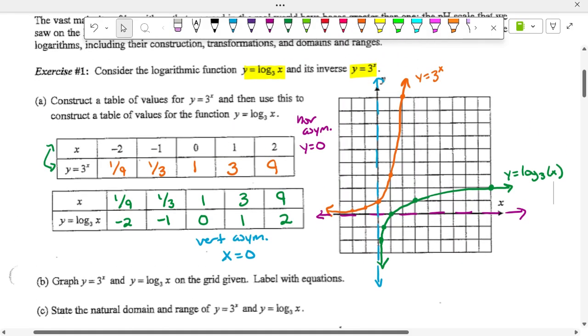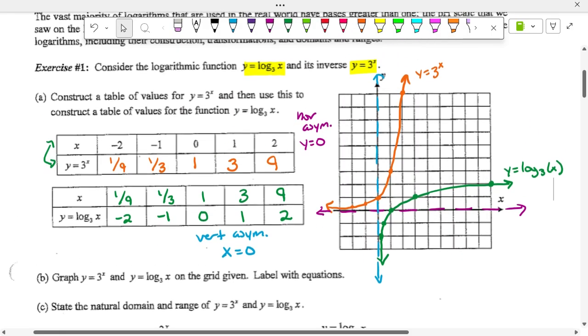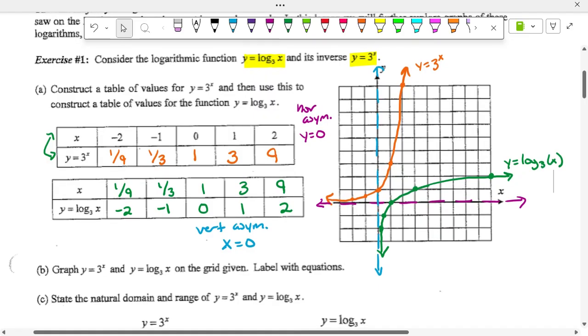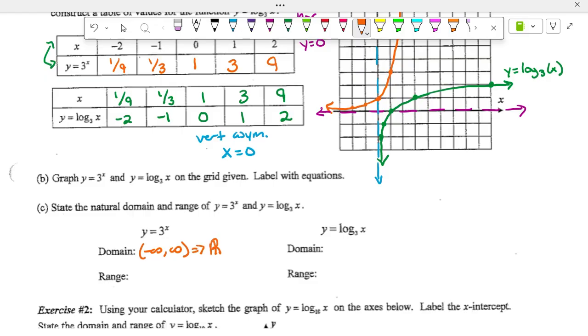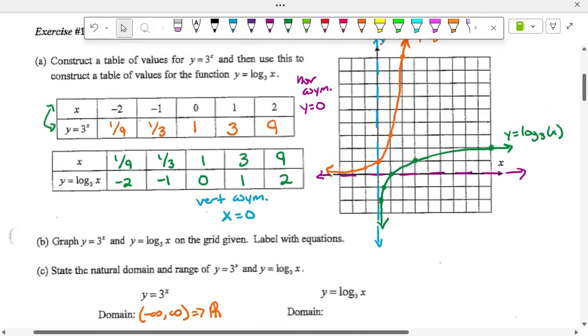If I'm looking at this exponential graph, what's the domain? What did we say earlier? That an exponential graph is always going to have the domain of what? All real numbers. So you can say it's from negative infinity to positive infinity, which just means all real numbers. What about the range?